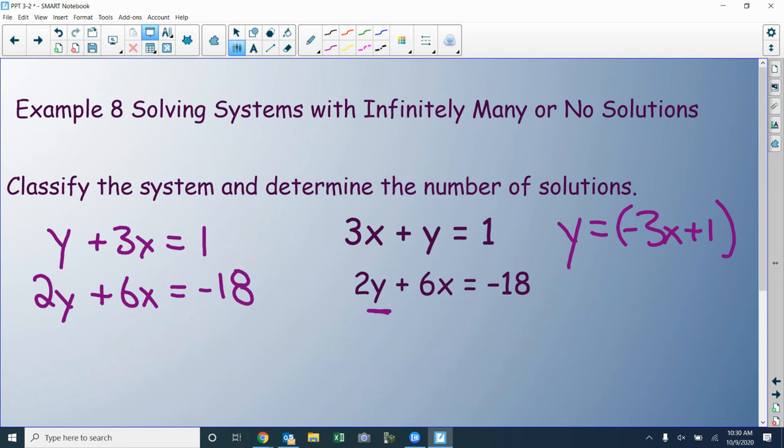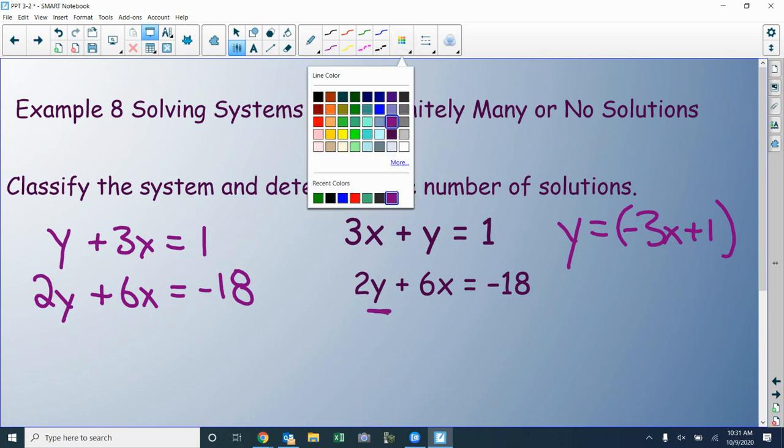See if you can work elimination on this one right here. I think if you multiply the top equation by what? Multiply the top equation we have here by -2, I think you could work it out.